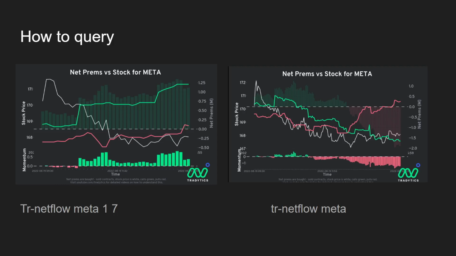Same thing here whenever you're looking at the net flow overall for Meta. I'm seeing both calls and puts being below the zero, so that's really not a great sign. Usually I would like to see it above the zero to say that there's a major bullish move or a major bearish move, right? And over here I'm seeing that there is a spike or an increase in interest in the puts.